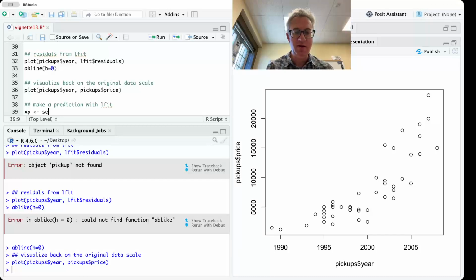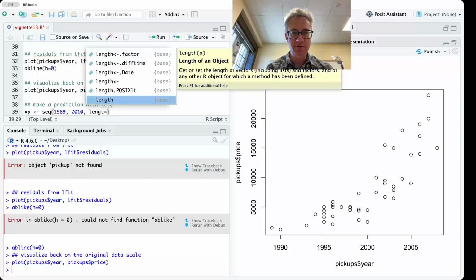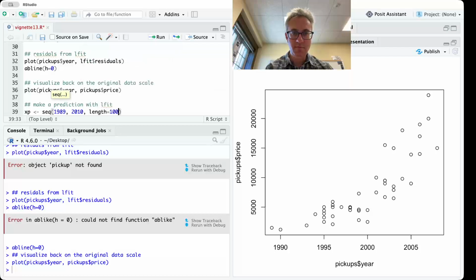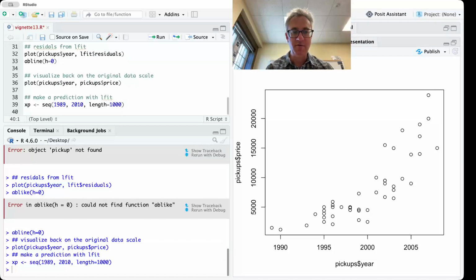I made a grid that goes from 1990, well, let's do 1989, and then let's go to 2008, or let's do 10, and then length equals. So now I've got my predictive grid. I'm not going to use the formulas from chapter 7 because that'd be a little tedious. I'm just going to use the predict function, which will take my fit.